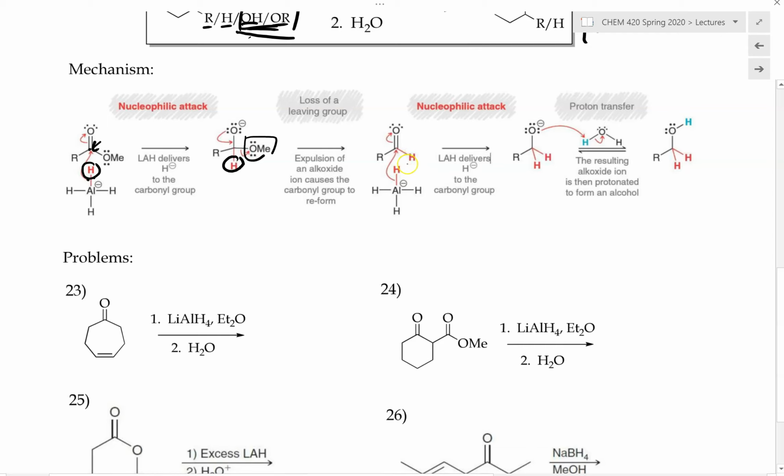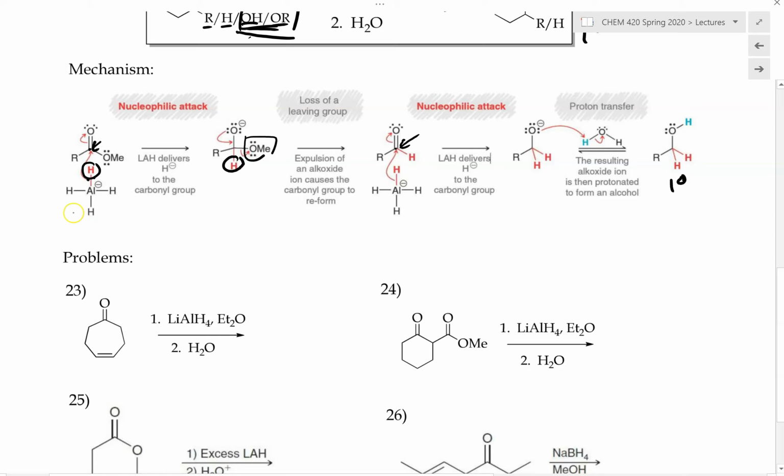And if we have an aldehyde, we would not be able to stop right there, because the carbon of this aldehyde is even more reactive than the carbon of the ester. Therefore, another molecule of lithium aluminum hydride comes in and attacks this carbonyl carbon again, producing the alkoxide, followed by the protonation step, which produces our primary alcohol.